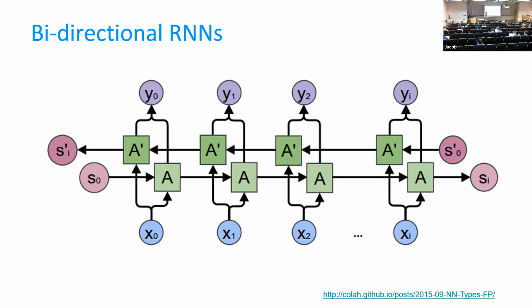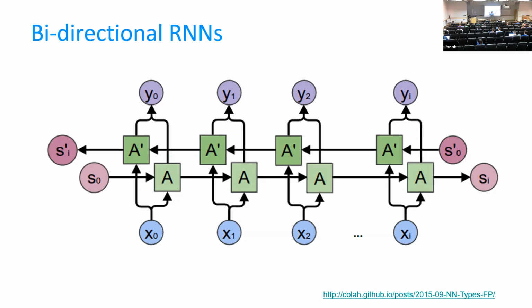If we were to use a unidirectional RNN and we were trying to do part of speech tagging on the word perfect, it would have to make do with information only on one side of that word. And so basically you don't have enough information to tell what part of speech the word perfect is.